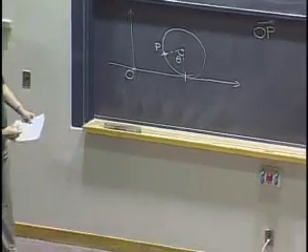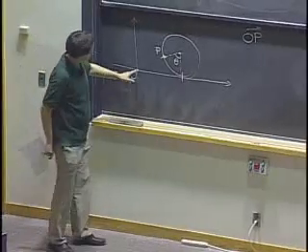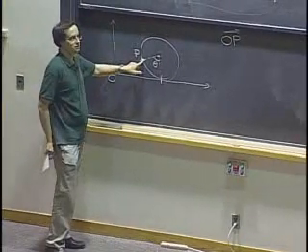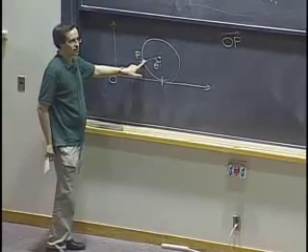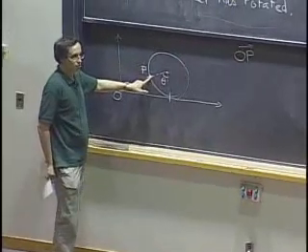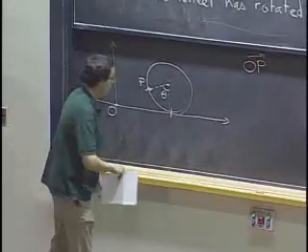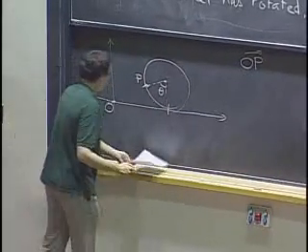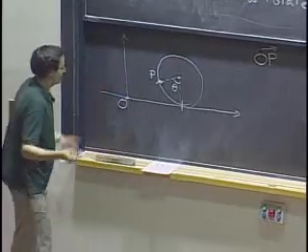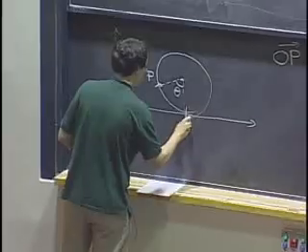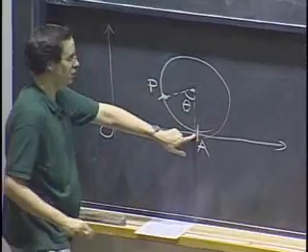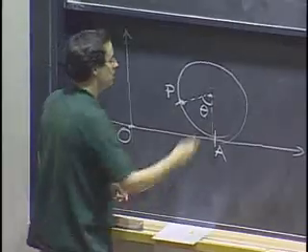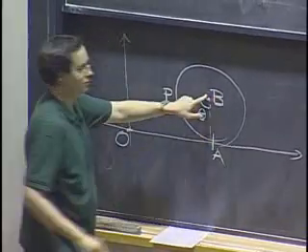So I haven't really simplified the problem yet, because we don't really know about vector OP. But maybe we know about simpler vectors whose sum will be OP. So let's see. Let's give names to a few other points in there. For example, let's say that this will be point A, A is the point where the wheel is touching the road, and B will be the center of the wheel.